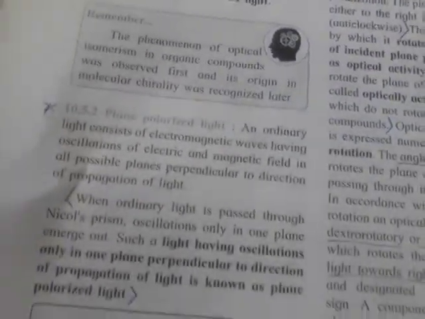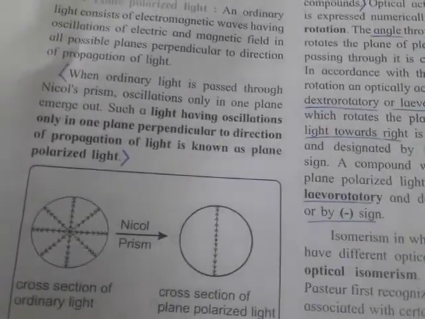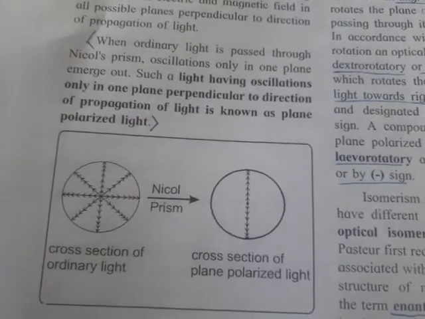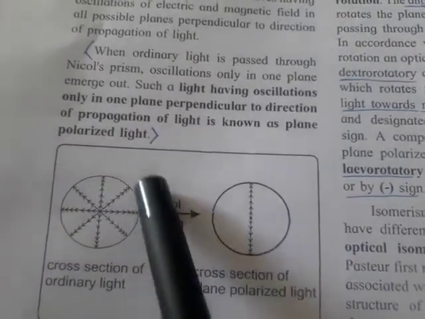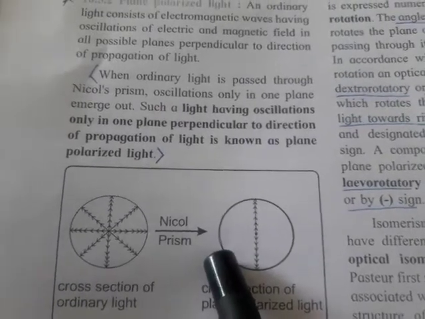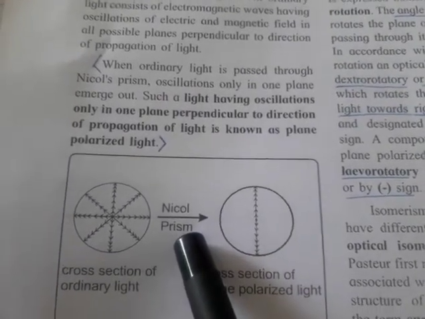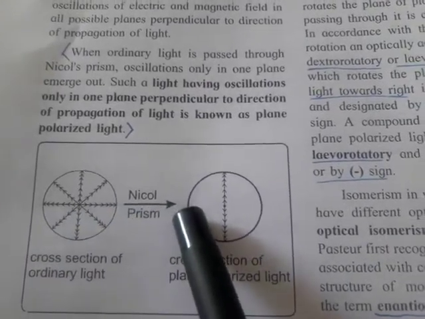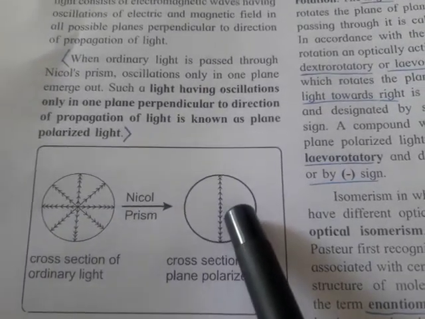Now plane polarized light, this also we have discussed in the last video. There was a bit different diagram. So here this is one source of ordinary light. It is allowed to pass through a Nicol prism. Last time also I told you a Nicol prism is made up of calcite, and when this light comes out through this Nicol prism, it is vibrating in one plane perpendicular to the propagation.